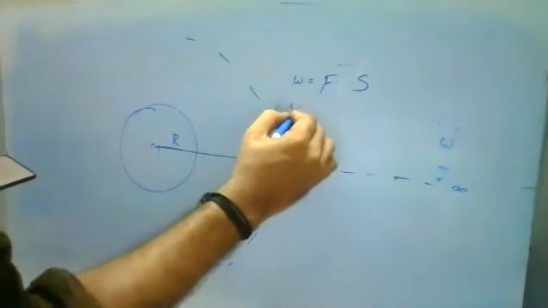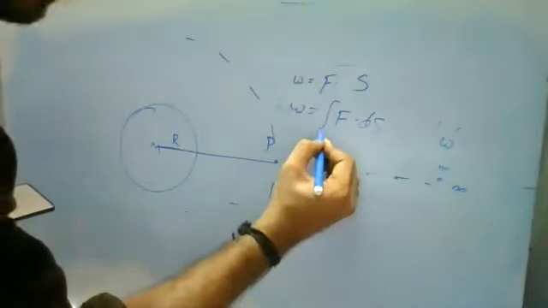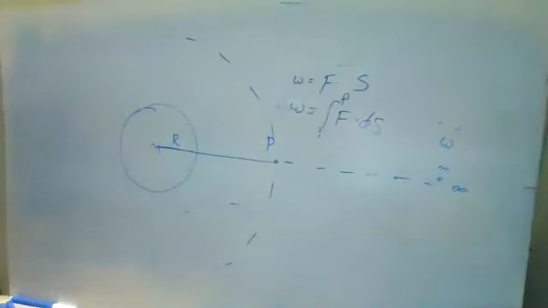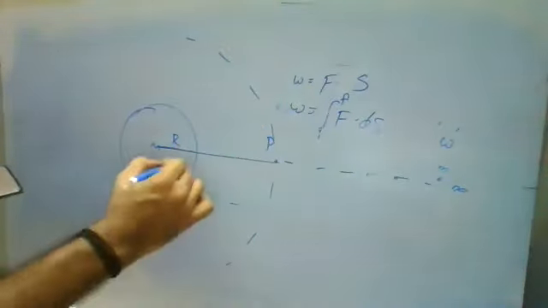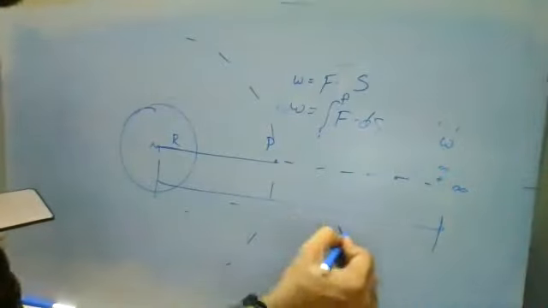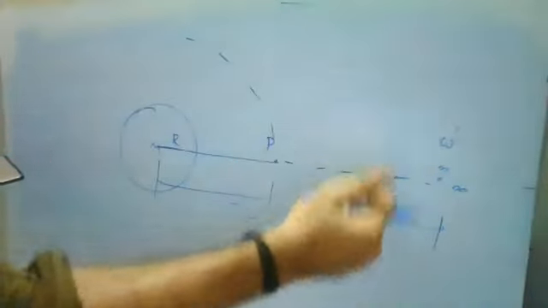W is equal to the integral of F ds is for a variable force, which varies from the initial point to the final point. That means this object is moving from one point to another. Considering the distance on the x axis, the work varies continuously with respect to the distance.